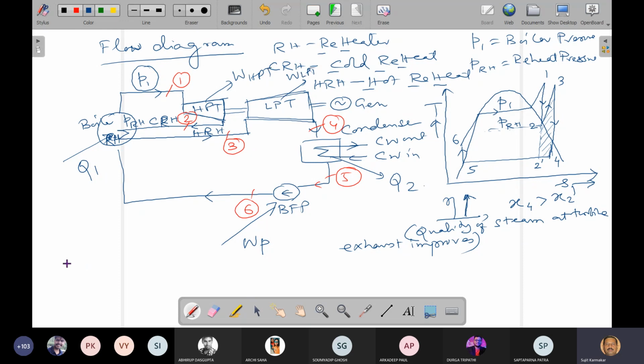So what is Q1 in the boiler? It is how much heat is being added in the boiler. It is H1 minus H6, plus the reheater is also there, H3 minus H2.